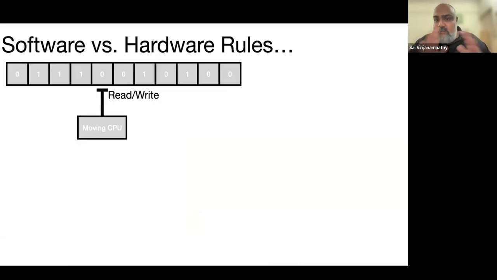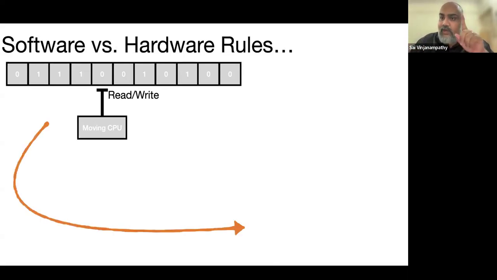And this is exactly the central point that I want to make, which is up until now, what you have been seeing is basically the software rules of the universe. So what Claude Shannon and Alan Turing and all of those other folks did was basically write down, in an abstract fashion, the most general rules of the software of the universe. But in doing so, they made a crucial assumption.